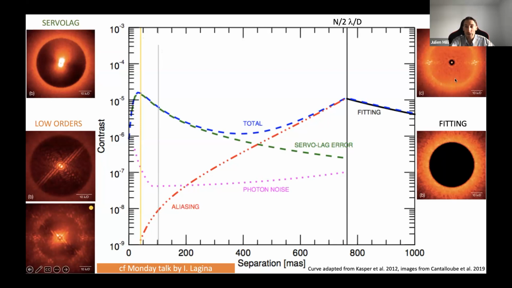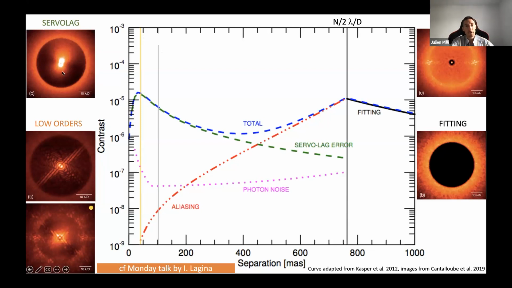But that's not the only contributor to your error. You have also aliasing. Some spatial frequencies, I'll come back to that, are high spatial frequencies, but are seen as low spatial frequencies because of your wavefront sensor. So that would put back some energy inside your AO correction radius, and this is the red curve here. Then you have servo lag error. I'll come back to that in a moment also.